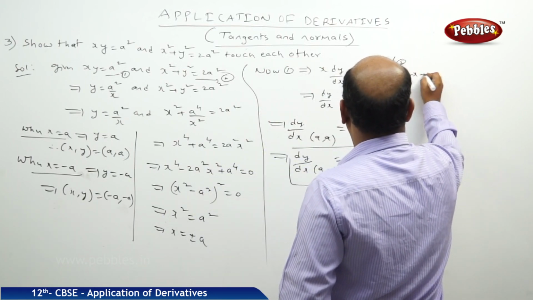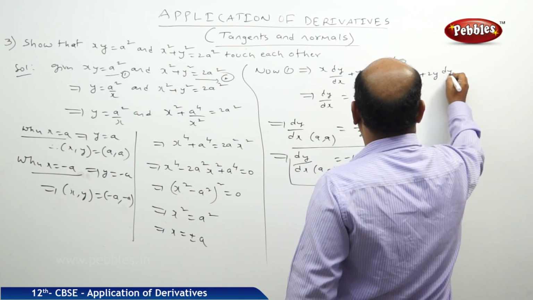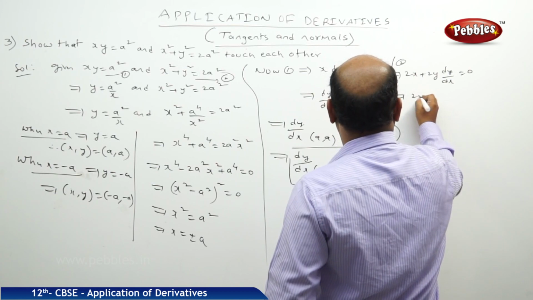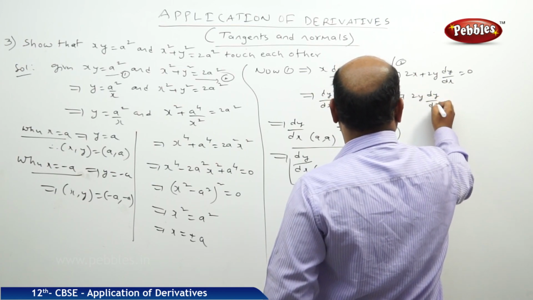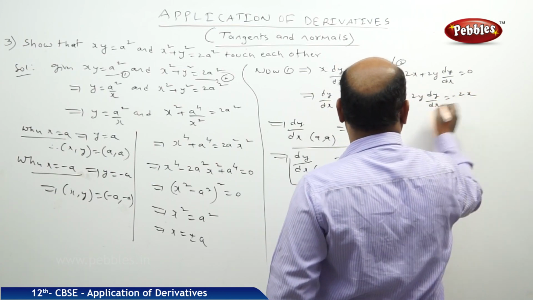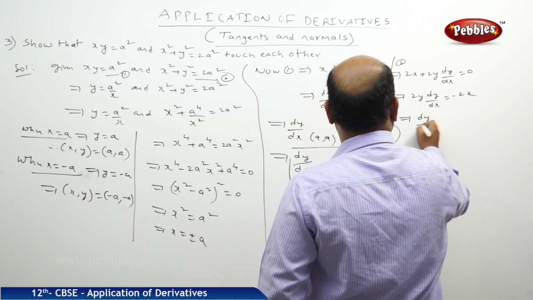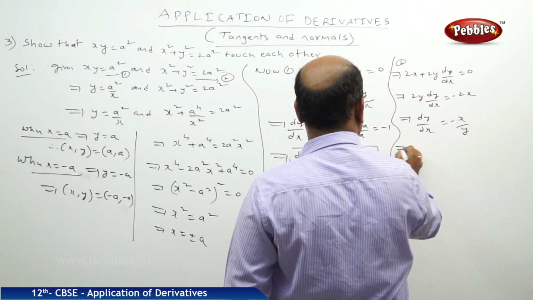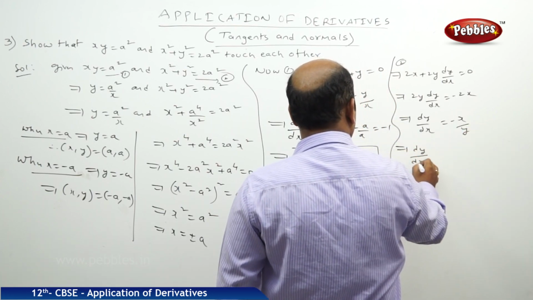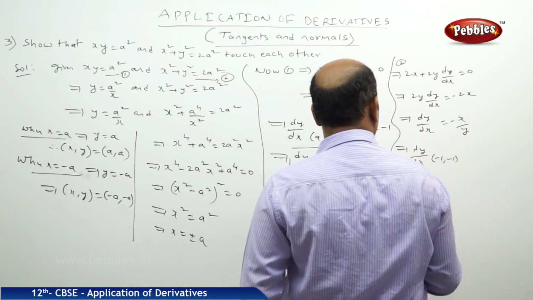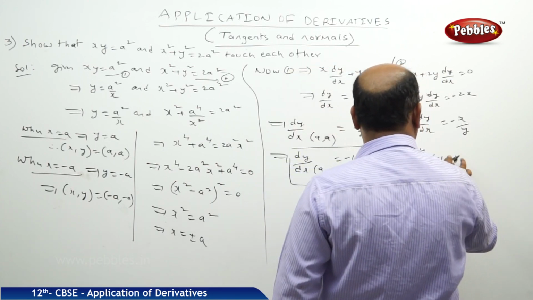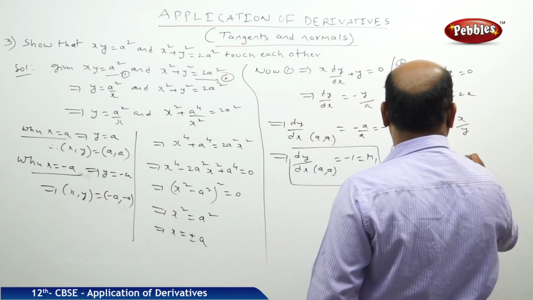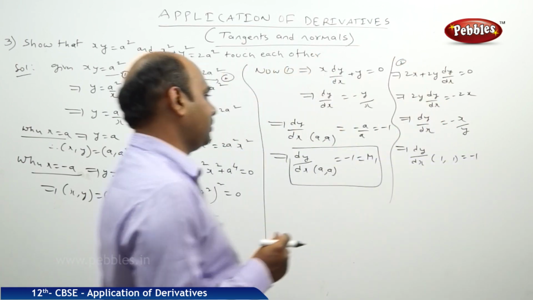Now similarly I'll take 2. 2 implies 2x plus 2y into dy by dx is equal to 0. That means 2y into dy by dx is equal to minus 2x. So dy by dx is equal to minus x by y. So dy by dx at a comma a will also be equal to minus 1.